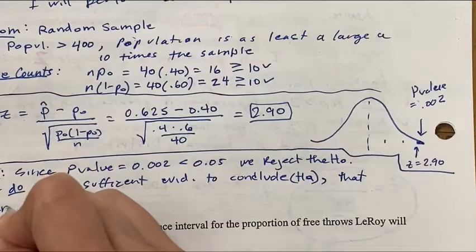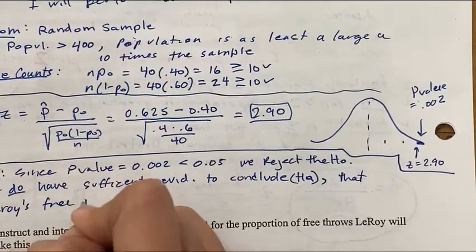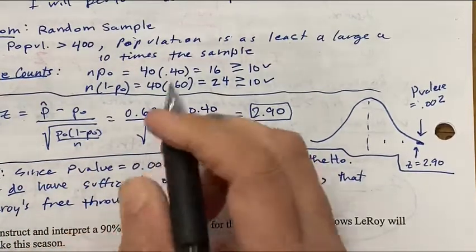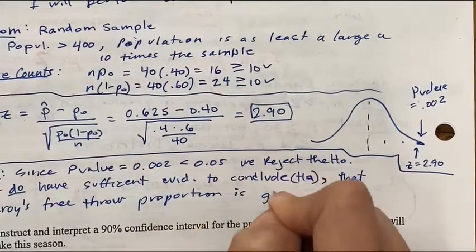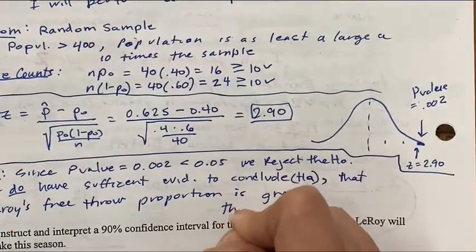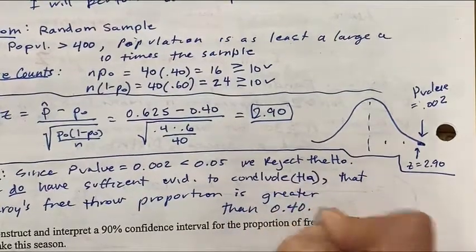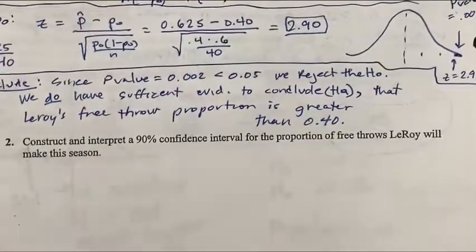That Leroy's free throw proportion is greater than 0.40. Great.